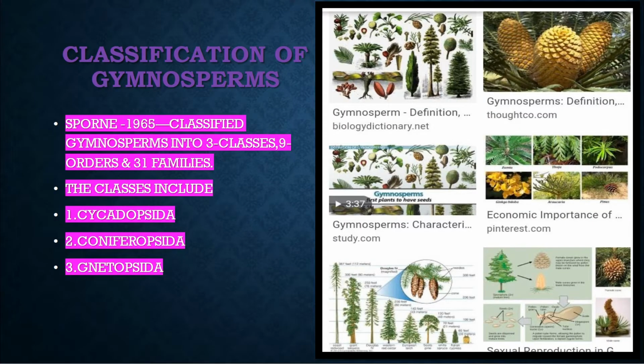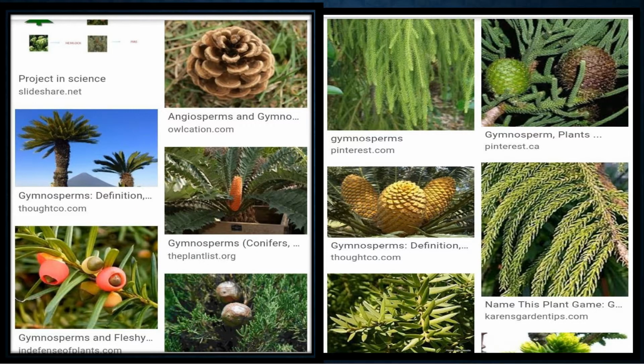Classification of gymnosperms: gymnosperms are classified into 3 classes, namely Cycadopsida, Coniferopsida and Gnetopsida, and they are again classified into 9 orders and 31 families, and these are pictures of certain gymnosperms.